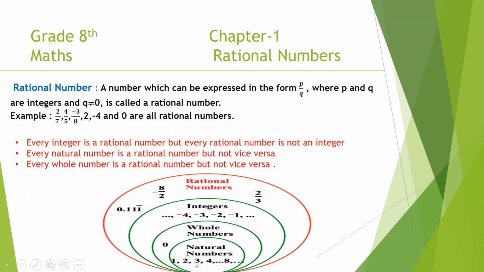So every natural number will be a rational number. Every whole number will be a rational number. Every integer will be a rational number. But every rational number will not be an integer, a whole number, or a natural number.